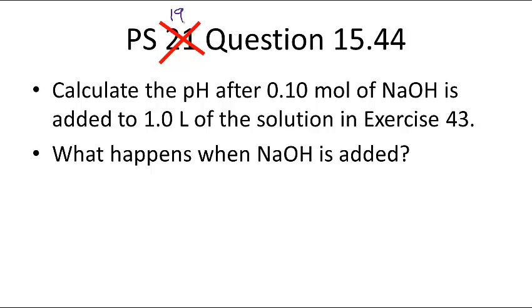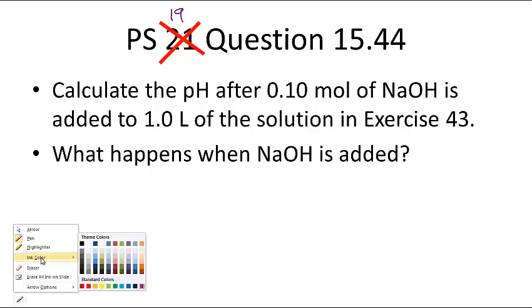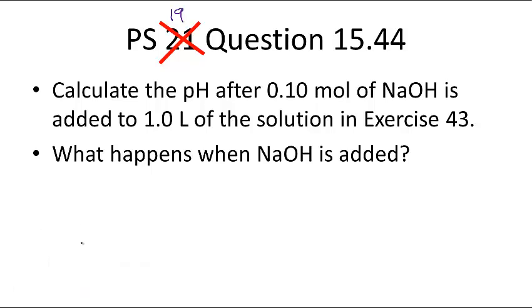So the first question we need to ask ourselves is, what happens when we add NaOH to our solution? Which part of NaOH am I really concerned with? The OH minus. I'm really just focusing on OH minus. So I add OH minus to the solution, and it's a strong base.